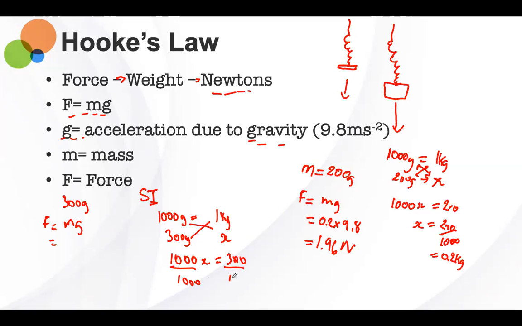We divide both sides by 1,000, and we get X equals what? What's our final answer here? 0.3. 0.3 kilograms. So 0.3 kilograms.